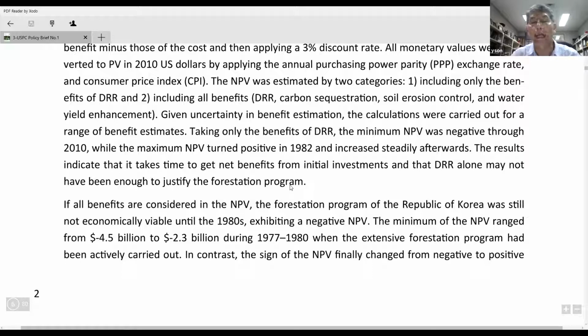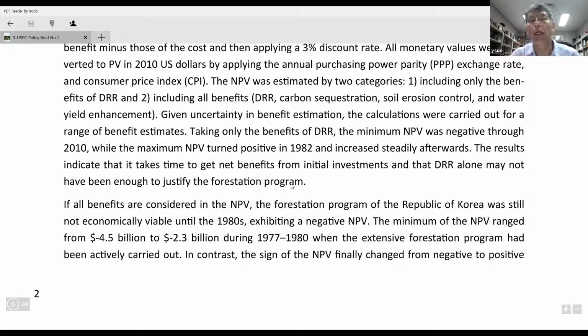If we include other ecosystem services, reforestation is economically feasible, economically viable, not only with DRR.